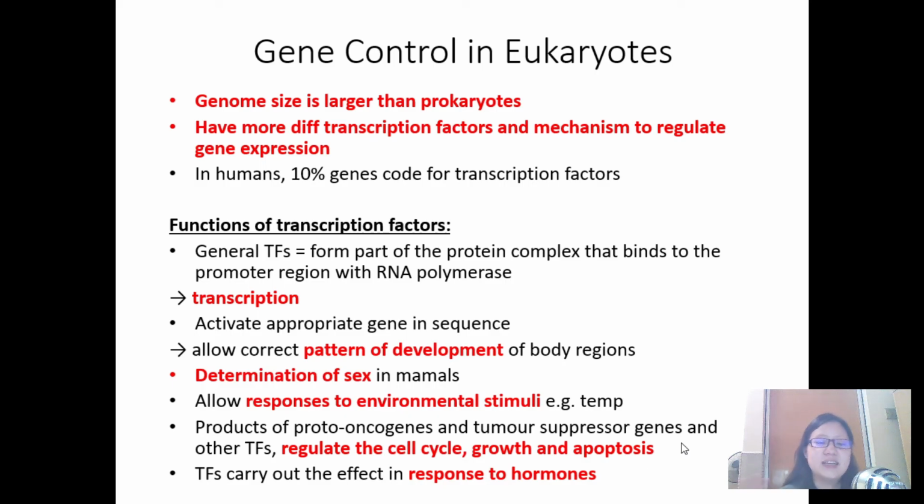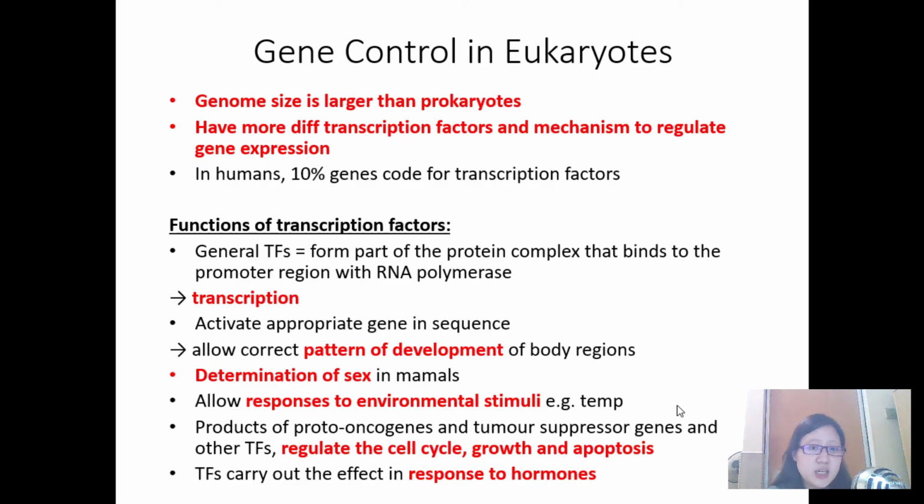And this list is actually still very short. It goes on and on and on. The general idea is that transcription factors regulate gene expression. They help gene regulation. Therefore, everything related to function and dependence on specific timing will have a lot to do with gene control and transcription factors.